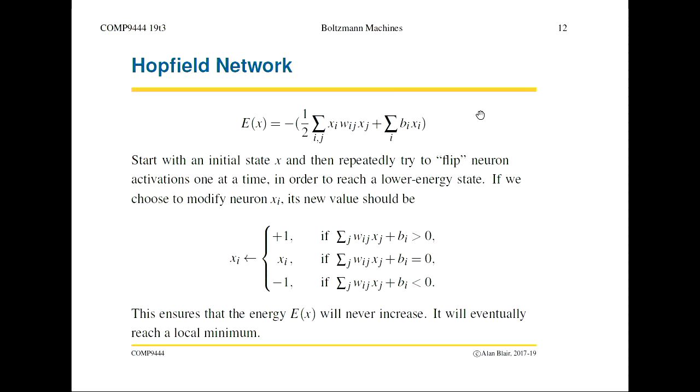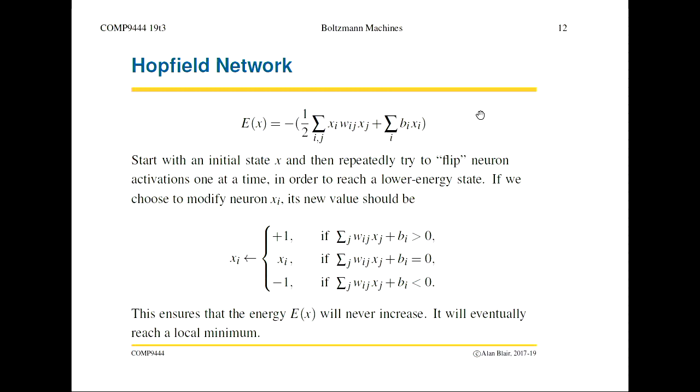And then, with the current values of all the other pixels, because in this model I'm only allowed to consider changing one pixel at a time, I just think, okay, if the whole rest of the image all stayed the same and only this one pixel changed, will that increase the energy or decrease it?